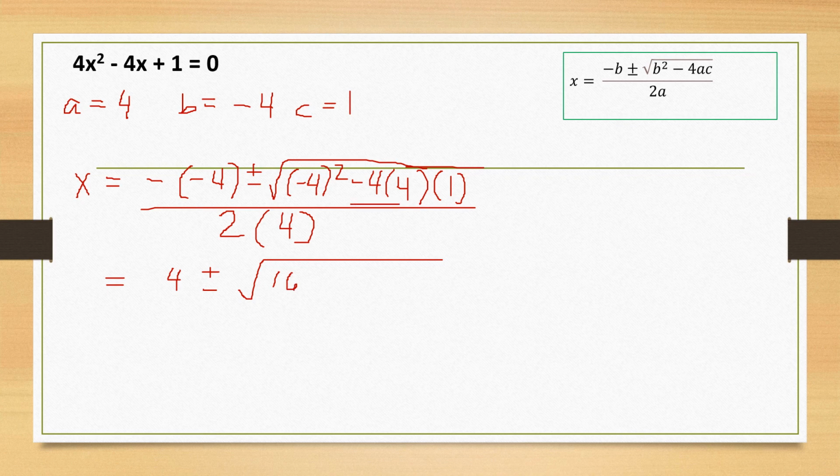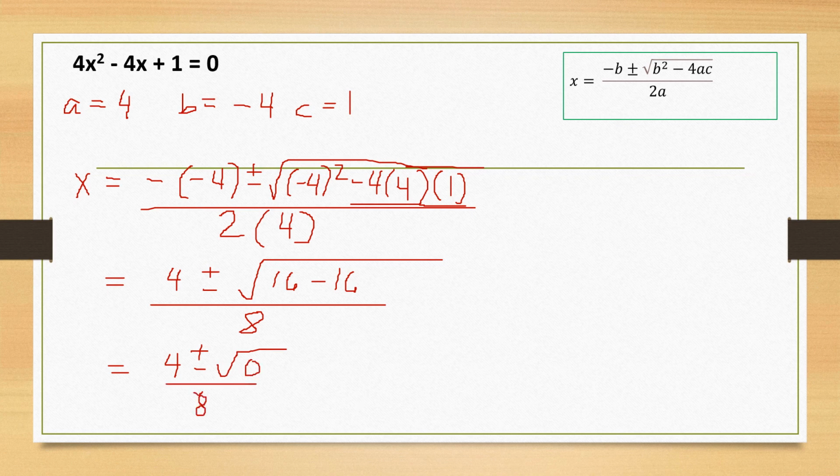Negative 4 times 4 is negative 16 times 1, negative 16. All over 2 times 4 is equal to 8. So we have 4 plus minus the square root of 16 minus 16 is 0, all over 8.